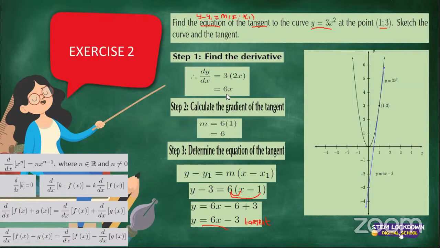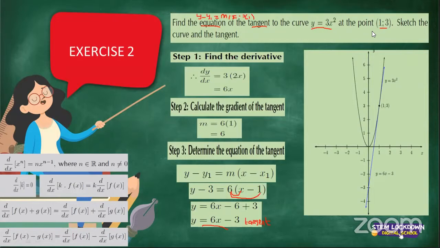Yeah. So when you calculate the derivative, you're calculating the overall derivative of the function. If you want it for the tangent, you have to go to the specific point. That's why they specify that you are calculating the equation of a tangent which is passing through this point.